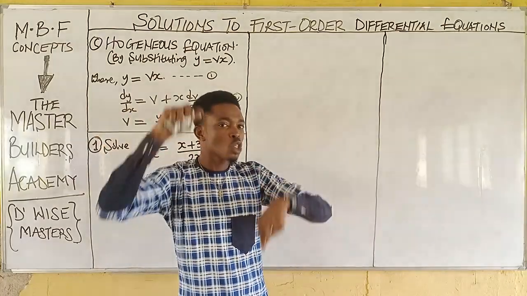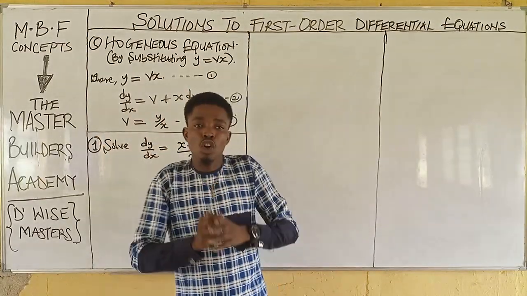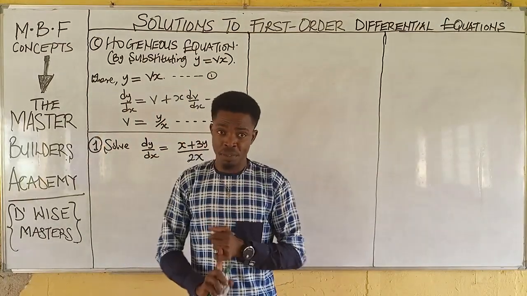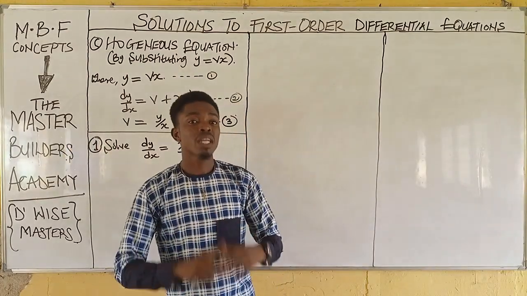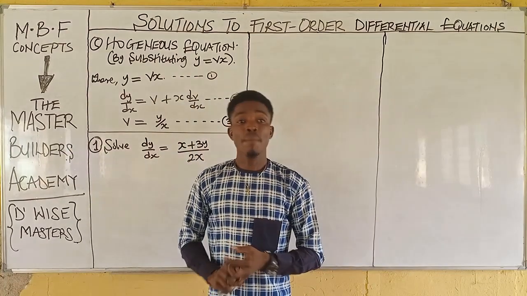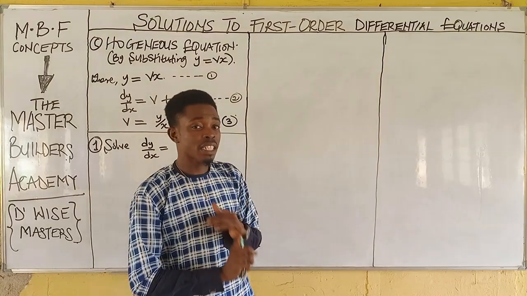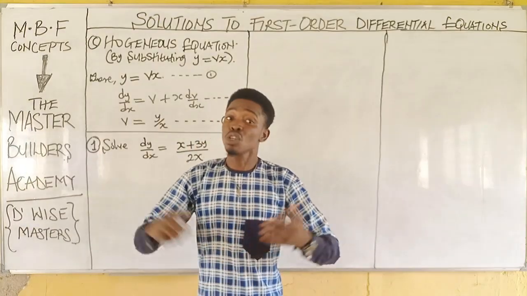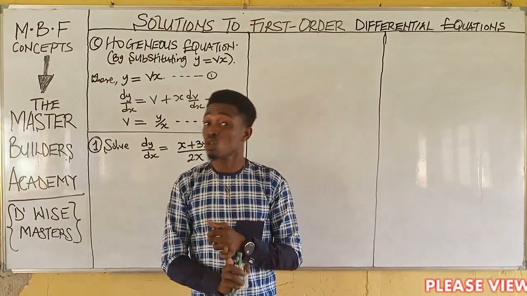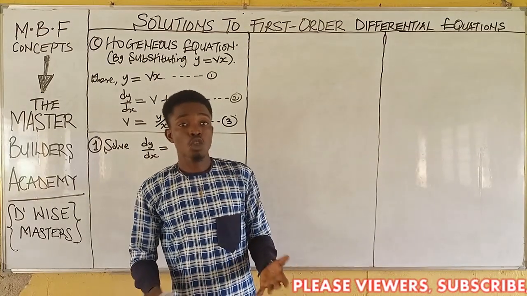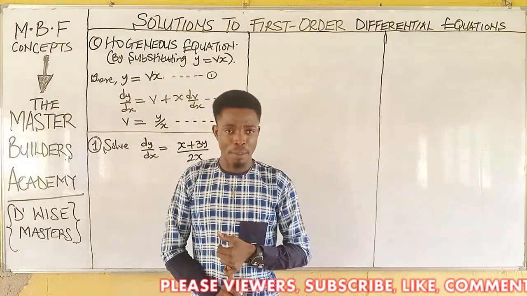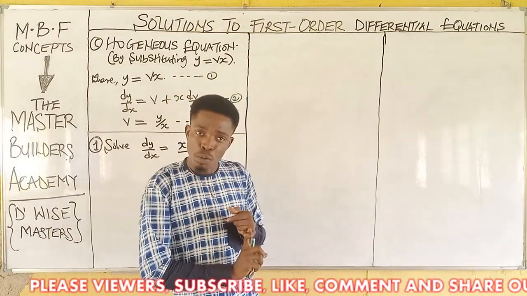Now I want to quickly explain how a question in first order differential equation comes for you to apply the homogeneous equation. Because for the problems that separating the variables can solve, there is no need using homogeneous. In fact, the homogeneous equation cannot solve it. So homogeneous equation solves problems that separating the variables cannot solve.